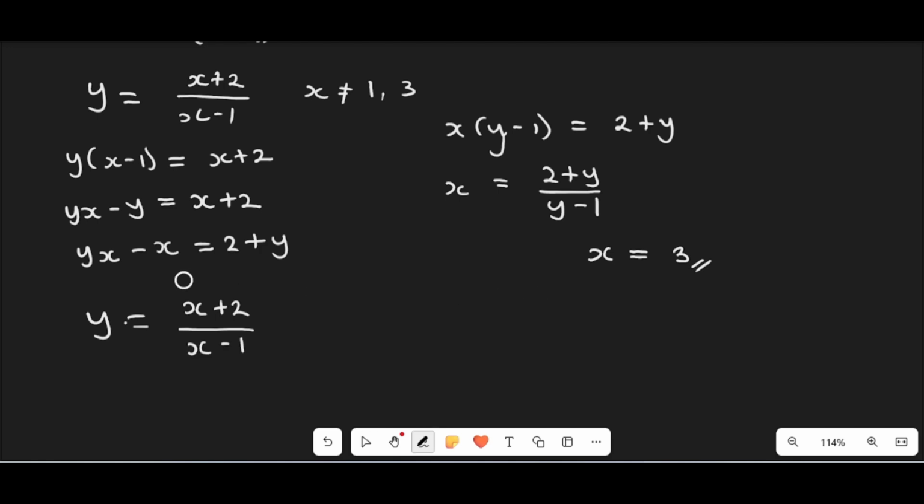Let us substitute 3 into this equation. y equal to 3 plus 2 all over 3 minus 1, which is going to give us 5 over 2. So our range is all real numbers except 1 and 5 over 2.